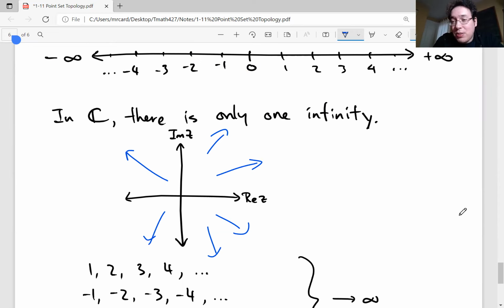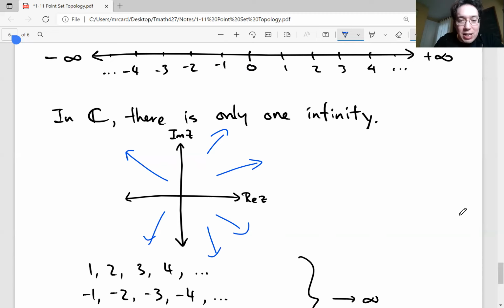It's actually more instructive to think about infinity as one point, which you might think is weird because in real numbers, which are included in the complex plane, we distinguish between positive and negative infinity. But actually, that distinction is not so useful in the complex setting. We could think about it as one point at infinity that's very far from the origin.